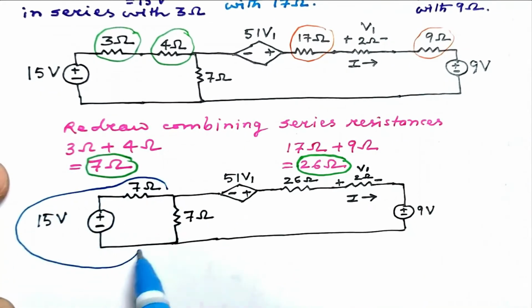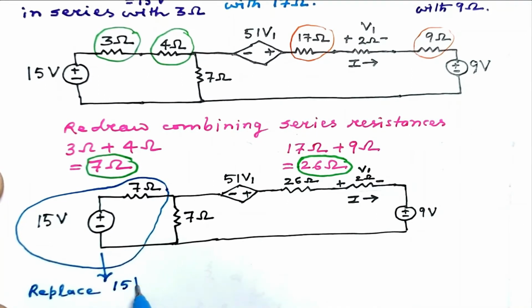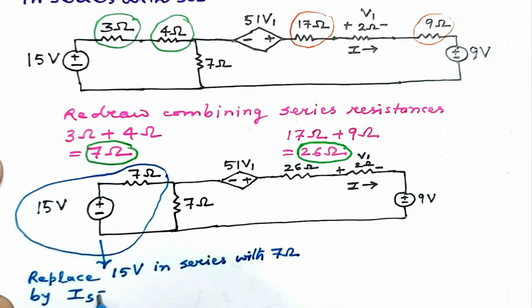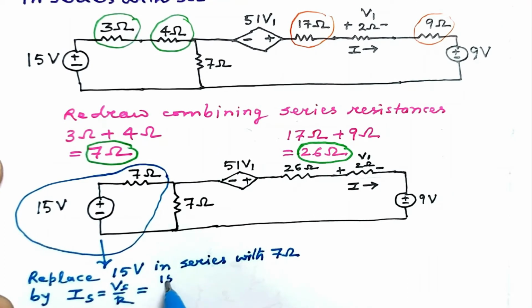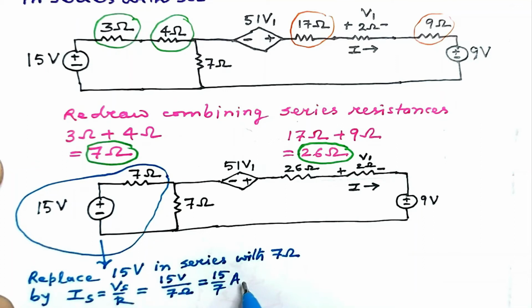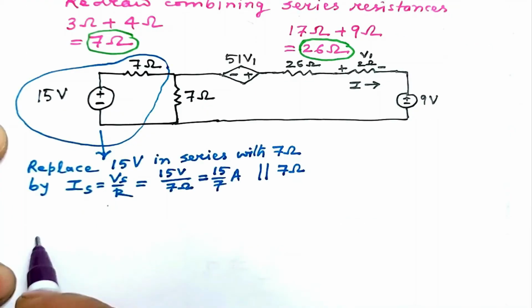We now again look at this portion, and we would replace 15 volt voltage source in series with 7 ohm by a current source Is given by Vs divided by R. Here Vs is 15 volt and R is 7 ohm. This leads to the value 15 by 7 ampere, and for equivalence it has to be in parallel to 7 ohm resistance. Let us show the resultant circuit that gets greatly simplified now.